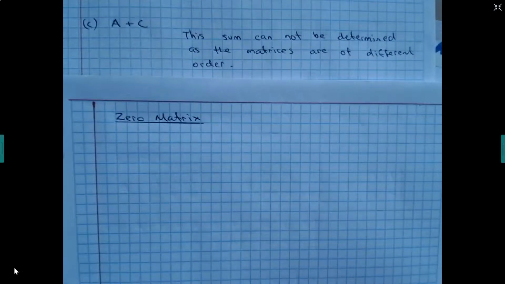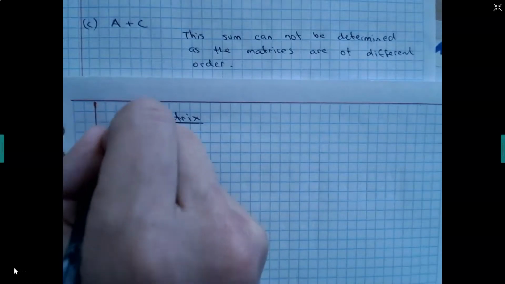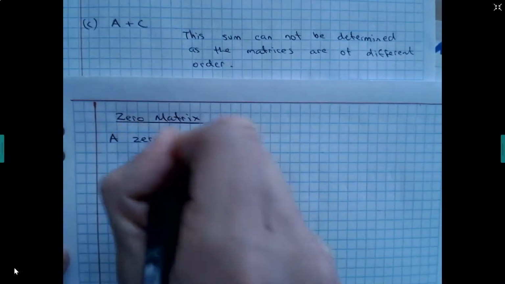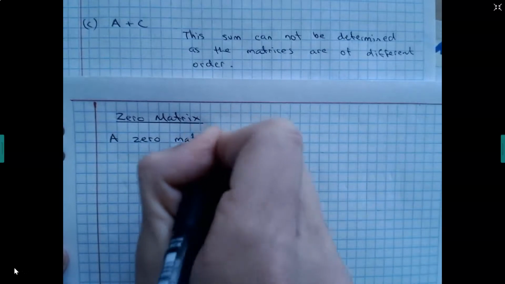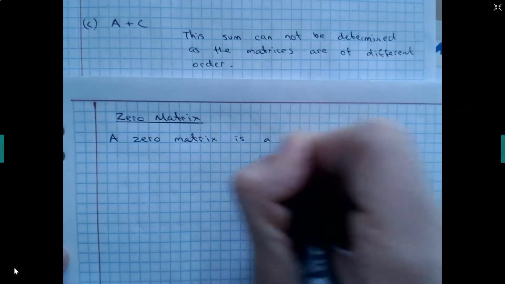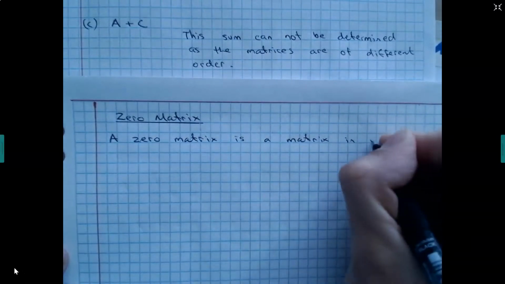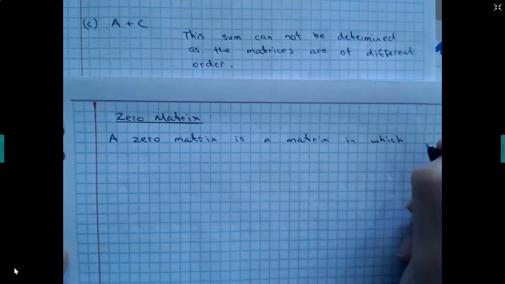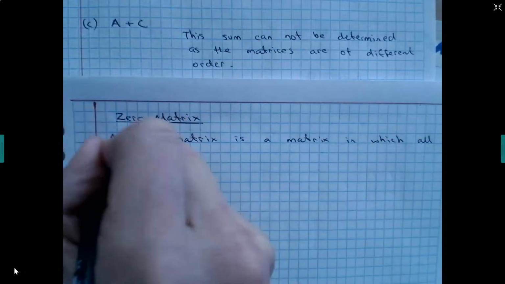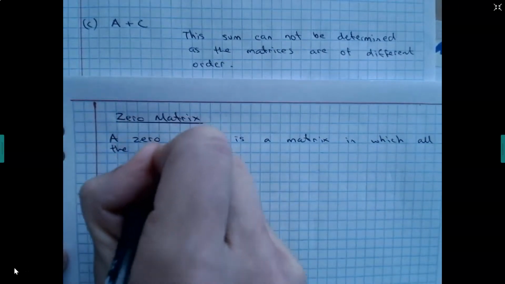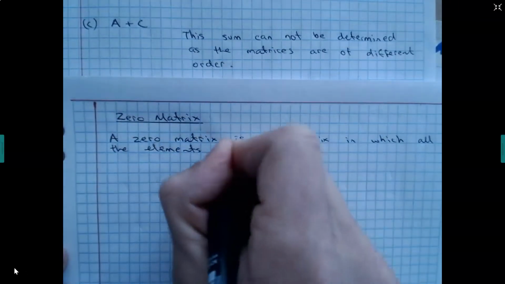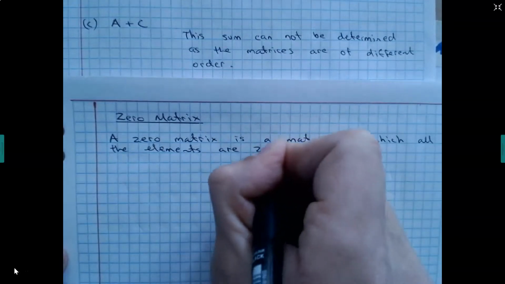So all a zero matrix is, is a matrix in which all the elements are zero.